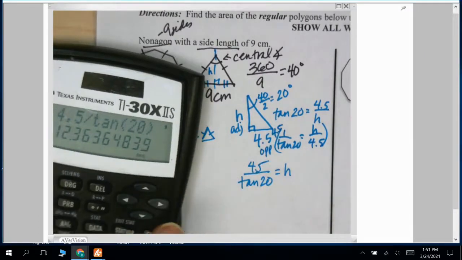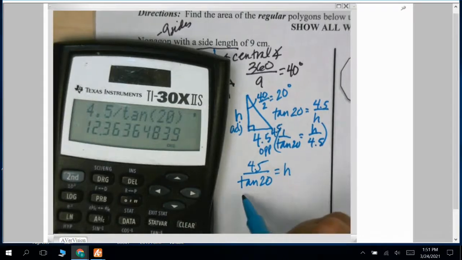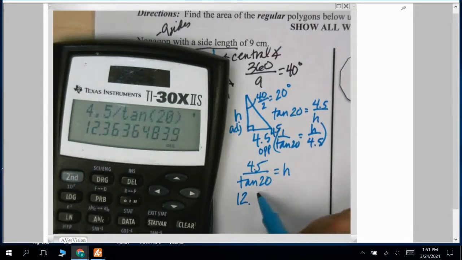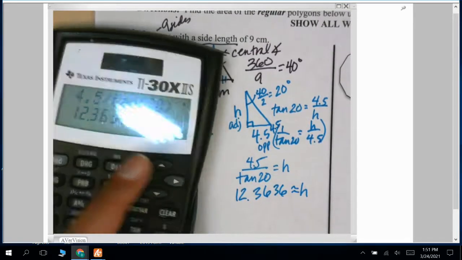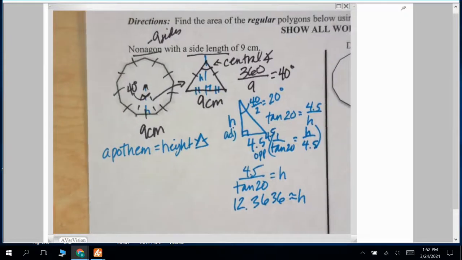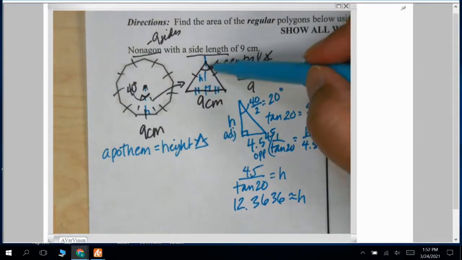The choice is yours. I'm going to choose the crazy decimal. But when I do that, I want to make sure I go to 4 place values, because this is where I'm going to be doing a lot of different problems. So I have 4 decimals here. I now have the height of this isosceles triangle.